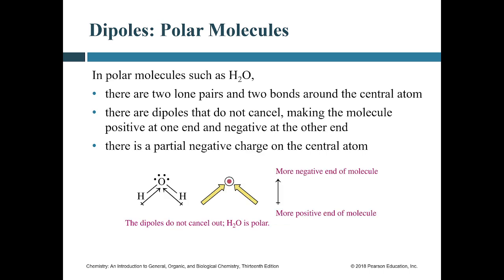Okay, this is another polar molecule right here. Anybody recognize that molecule? Water. So why does water have the properties it does? Because it has polarity. Actually, it's very strong polarity. And so water has an overall dipole.